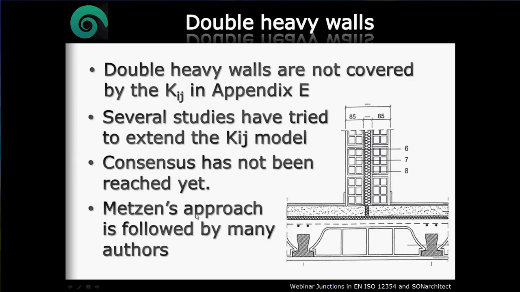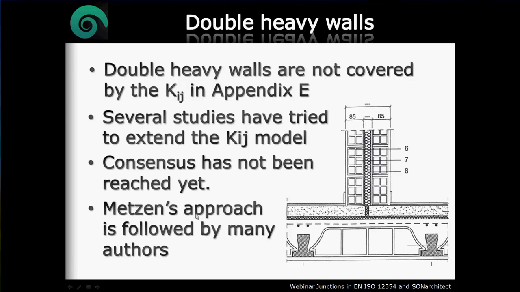There is no model to apply to a double heavy wall. However, double heavy walls are used all over Europe. They are very used in Spain, but not only in Spain. So that was a gap that we were missing quite a lot in this Appendix E.